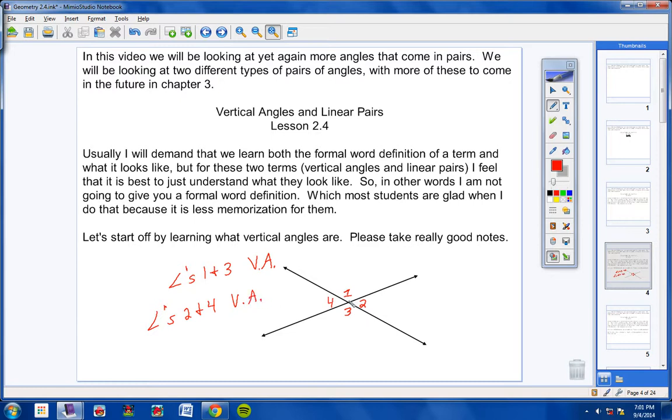Isn't that easy? See how these two angles 1 and 3 are across from each other? Then they're vertical angles. Do you see how 2 and 4 are across from each other? Then they're vertical angles. Now I can't make it any easier than that. So vertical angles are when you have two lines that intersect, and they're the angles that are across from each other. Okay? Those are vertical angles.